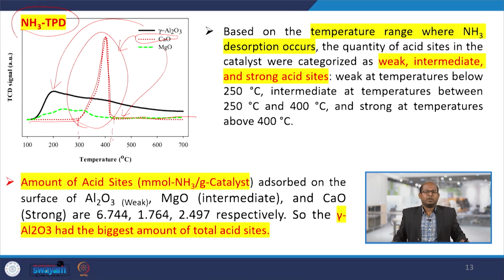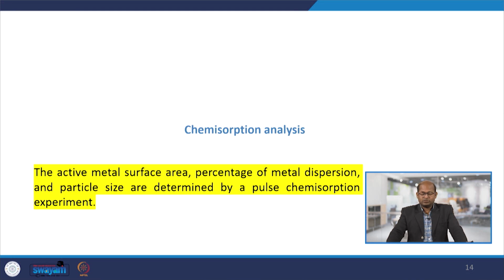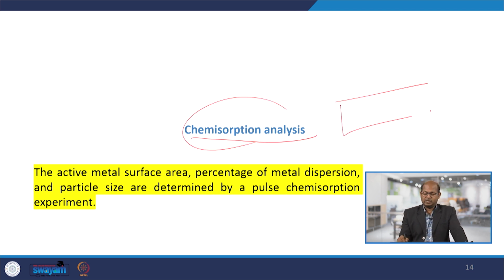So, from one catalyst to another, the amount of acidic sites and the strength of the acidic sites are different. This type of thing we can observe and conclusions we can draw. And now the chemisorption study. Similarly, let us say a catalyst is there. In the chemisorption study, this is the nickel oxide.